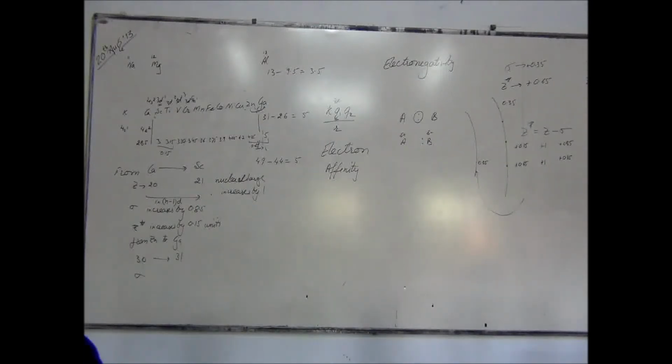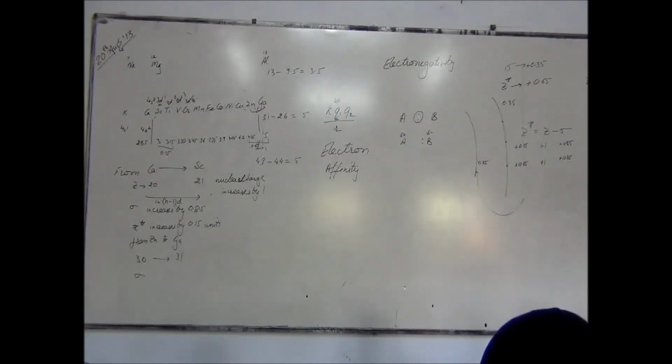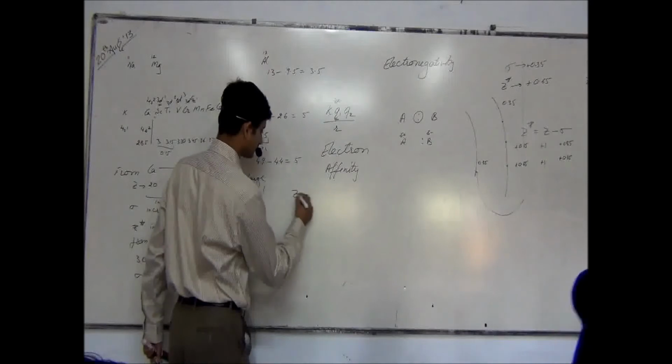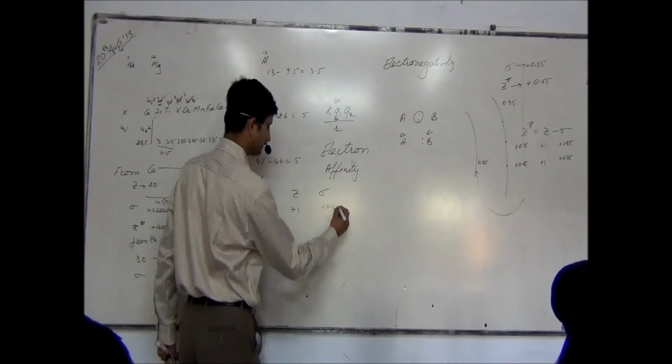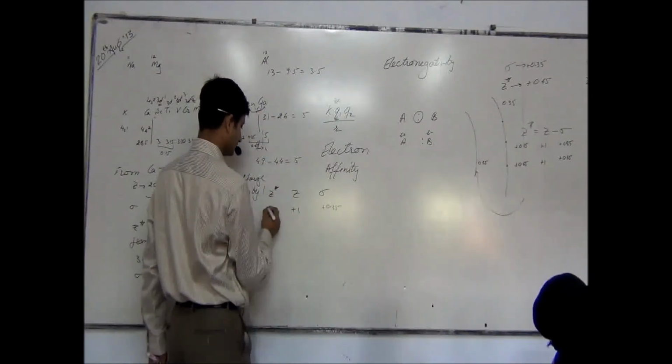The shielding constant for each electron in the outermost shell is 0.35. Hence, the overall shielding constant increases by 0.35. Hence, the effective nuclear charge, which is atomic number minus the screening constant, increases by 0.65. Z increases by 1, sigma increases by 0.35, so Z star increases by 0.65.